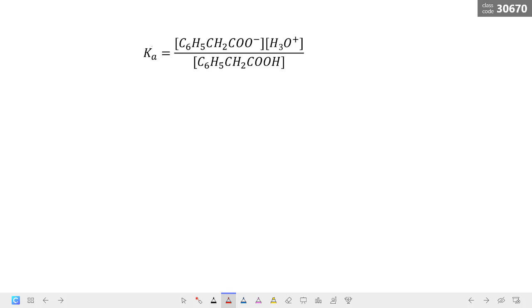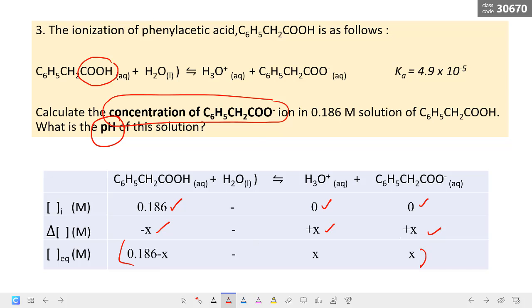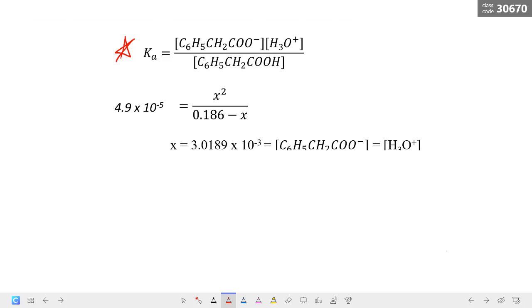Macam mana nak tulis macam ni? Kena refer equation tadi. Okay, macam kita buat Kc. And then you substitute nilai ataupun sebutan pada equilibrium itu dalam Ka expression. Okay, nampak? Okay. Jadi, kita selesaikan. Right? Okay.